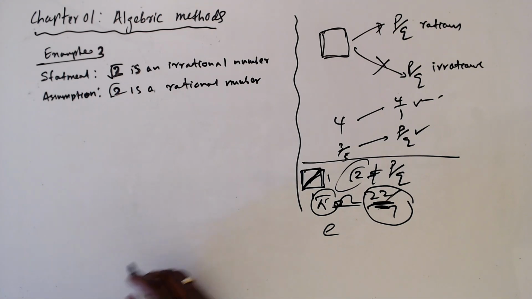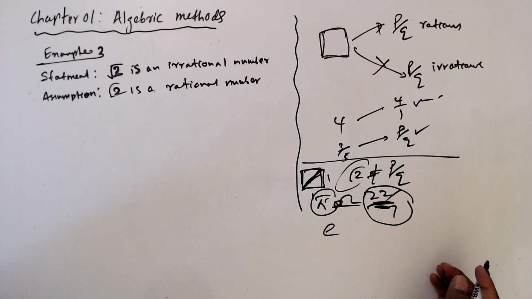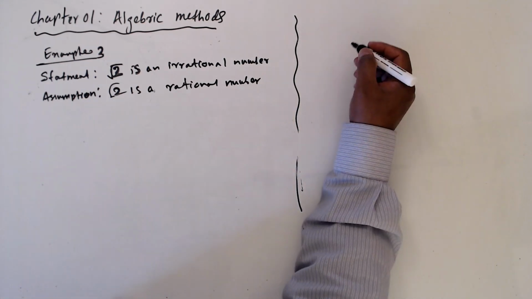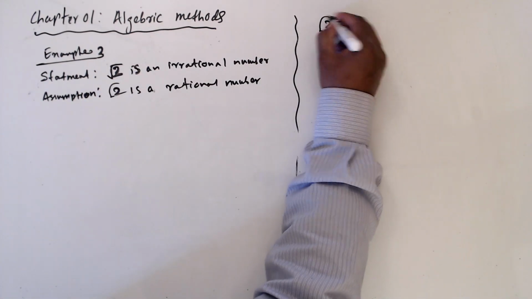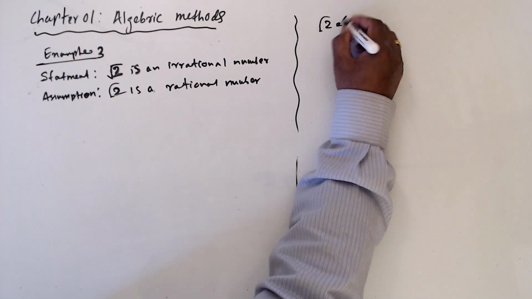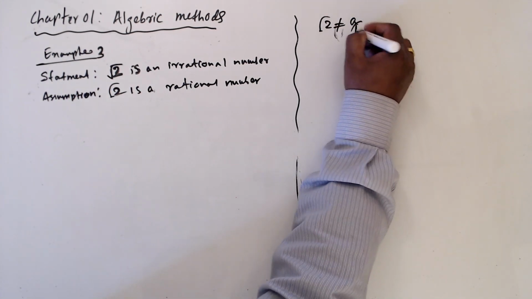Basically, any number we can't write as a fraction is irrational. If we can, it is rational. Let's sketch our argument. With the statement, we'll say that square root 2 is a over b.